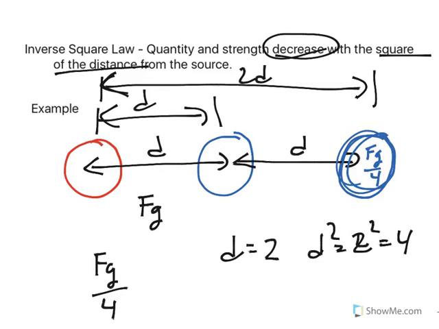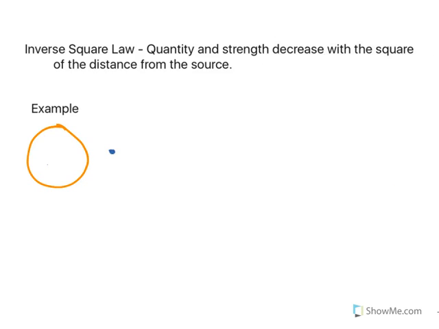Let's do another example. Let's look at the sun and the earth. The sun is this big bright yellow object in the sky, and the earth we'll draw as a tiny blue dot. Now the distance between the center of the earth and the center of the sun is 1 astronomical unit.